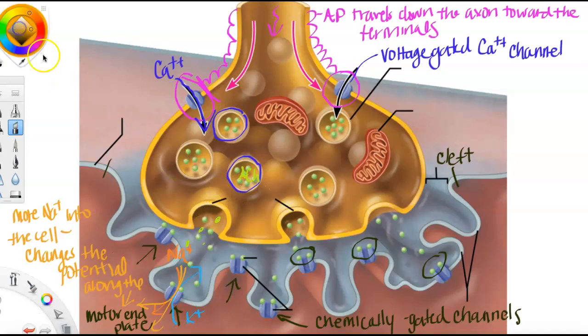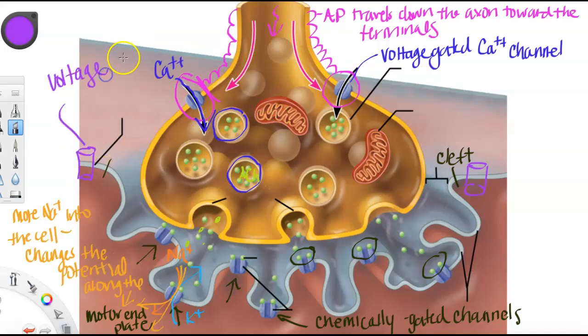Because guess what's over here, and here, on either side of the neuromuscular junction? We have voltage-gated channels for sodium and potassium. Now we have separate ones for sodium and separate ones for potassium.